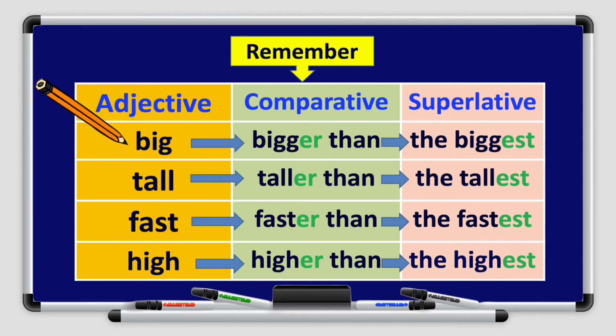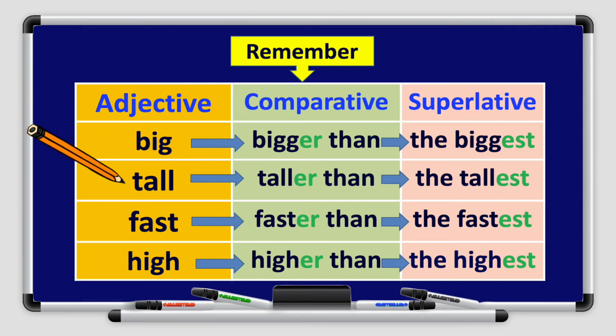If we would like to compare between two objects, we use bigger than, but in superlative adjectives, we use the biggest. So we have big, bigger, biggest. One more time. Big, bigger than, the biggest.